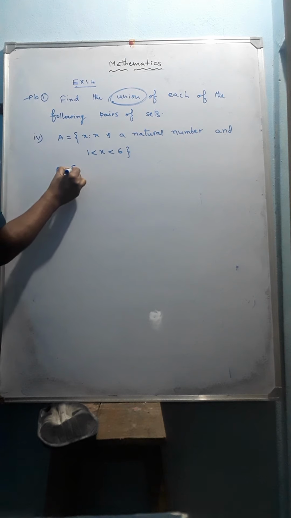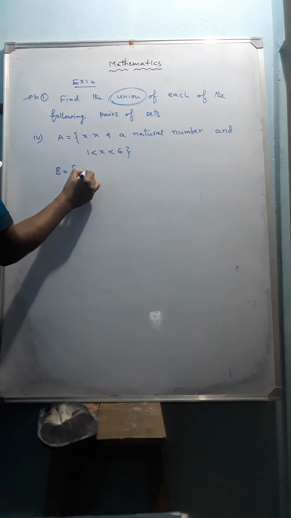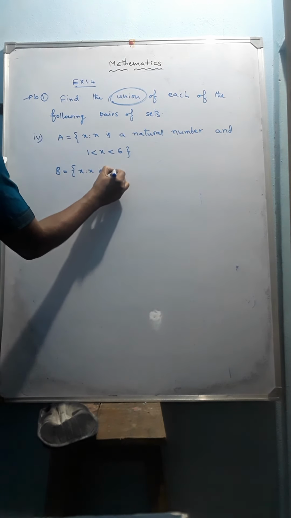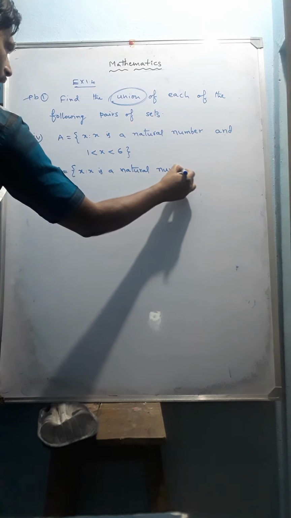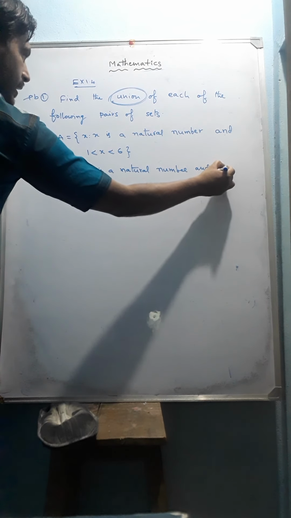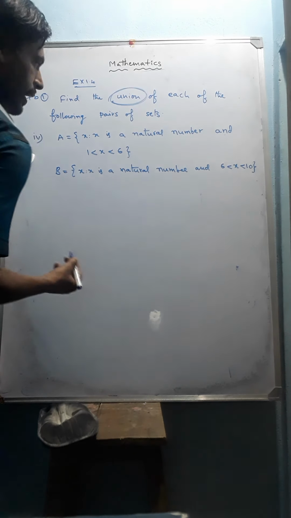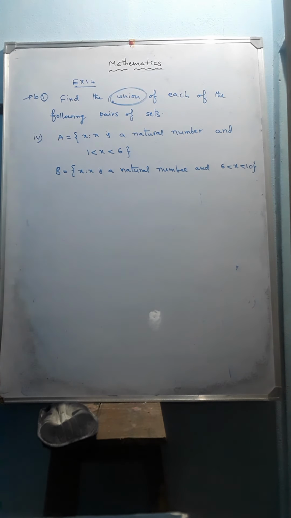B is equal to the set of x such that x is a natural number and 6 less than x less than 10.